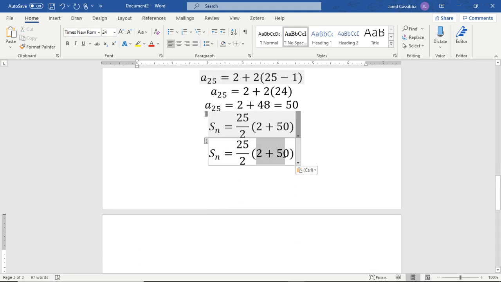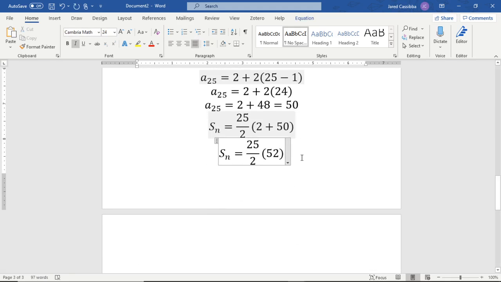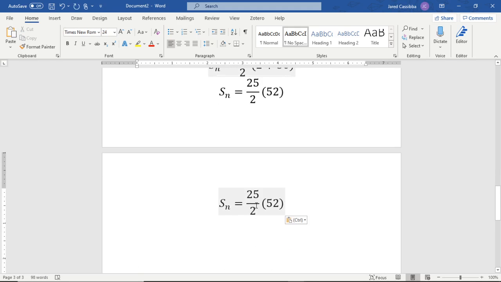So let's see, this is 52. 25 divided by 2, well, that's not a nice number. 52 divided by 2 is a nice number.